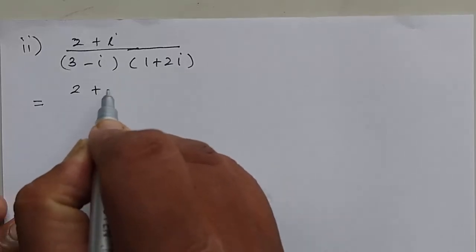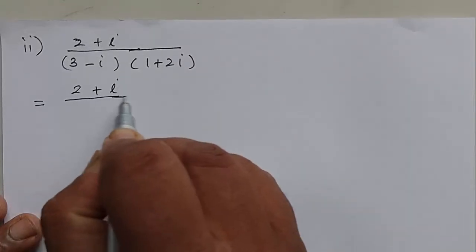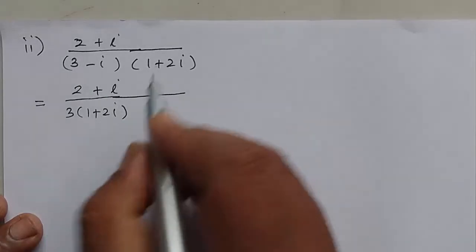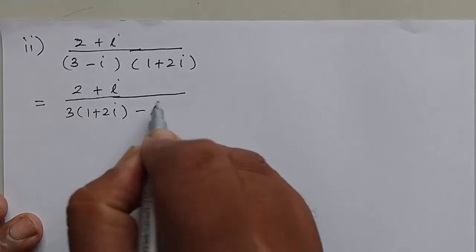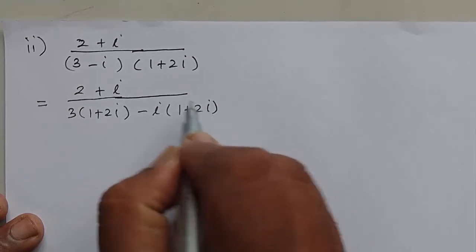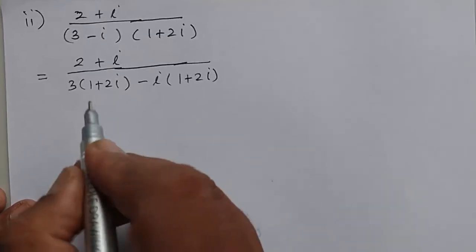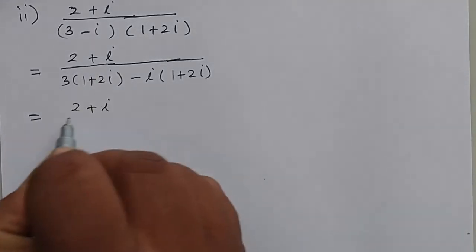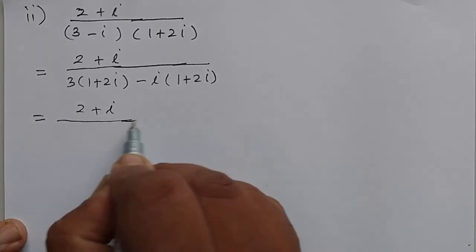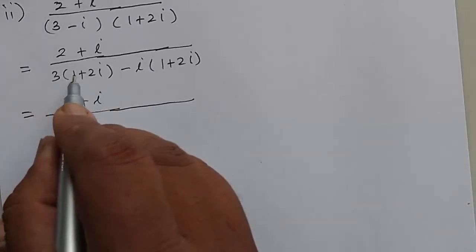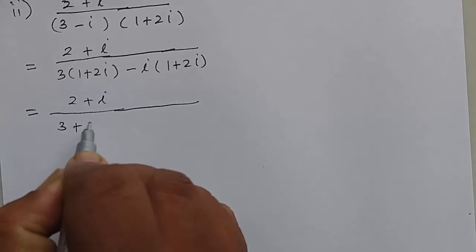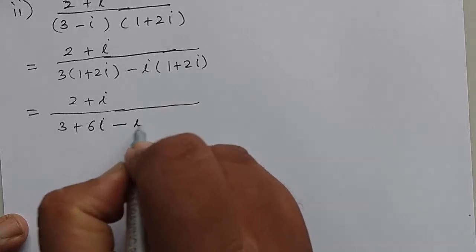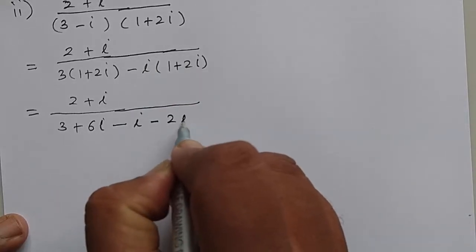Therefore, 2 plus i upon 3 into (1 plus 2i) minus i into (1 plus 2i) is equal to 2 plus i upon, we multiply 3 inside the bracket, 3 plus 6i, we multiply minus i inside the bracket, minus i, minus 2i square.